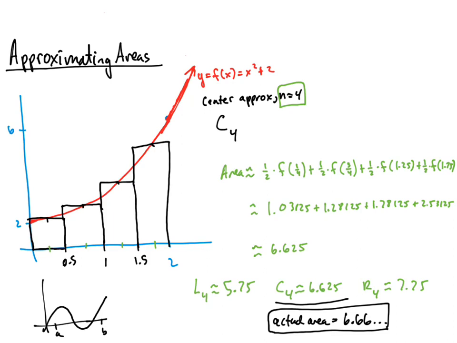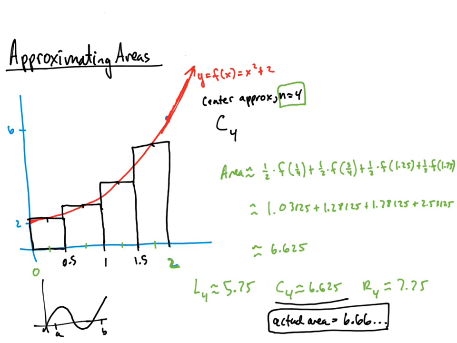Now if we were still looking at that overall interval for the function, 0 to 2, but instead of breaking this up into 4 rectangles, suppose we split this up into 8 rectangles, or 10 rectangles or 50 rectangles.